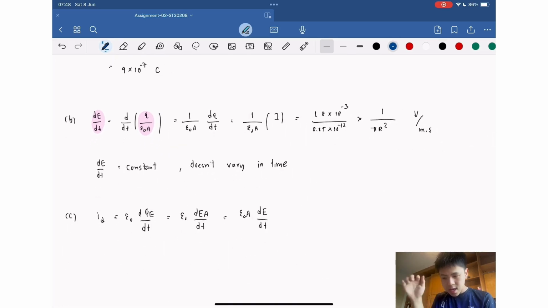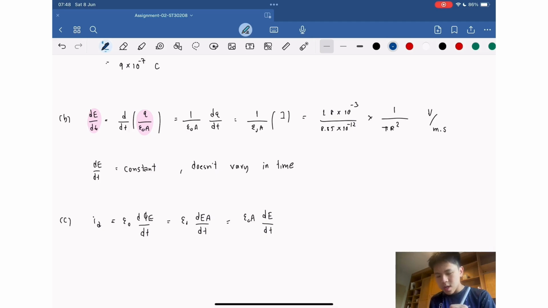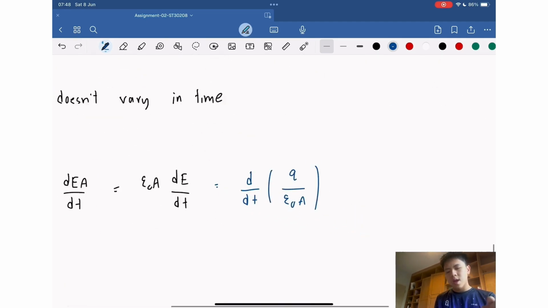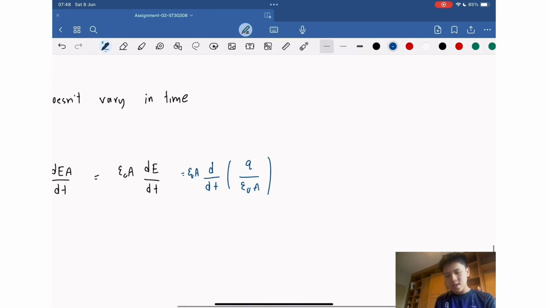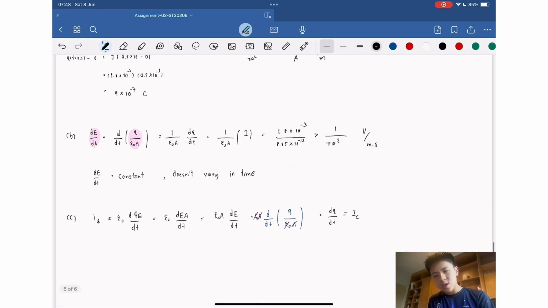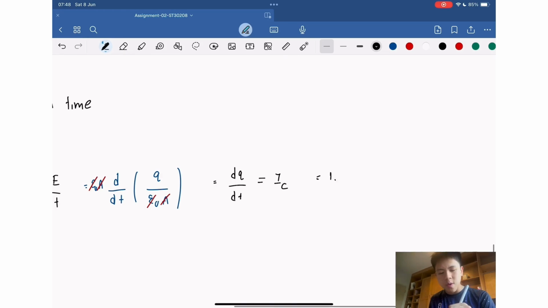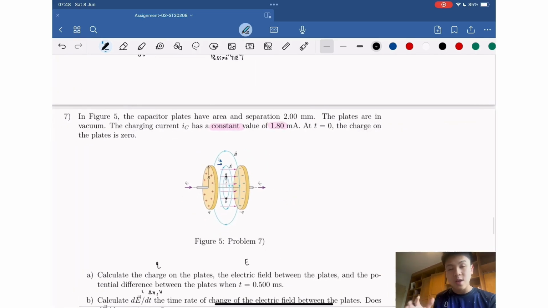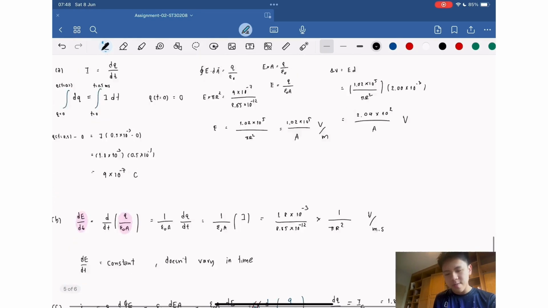So dE by dt is equal to dq by dt over epsilon A, and we have epsilon A in the front, and epsilon A is constant, so therefore we will get dq by dt, or I. So we would know that ID is equal to IC and equal to 1.8 milliampere, because the equation gives us the value of IC, so it's 1.8 milliampere.